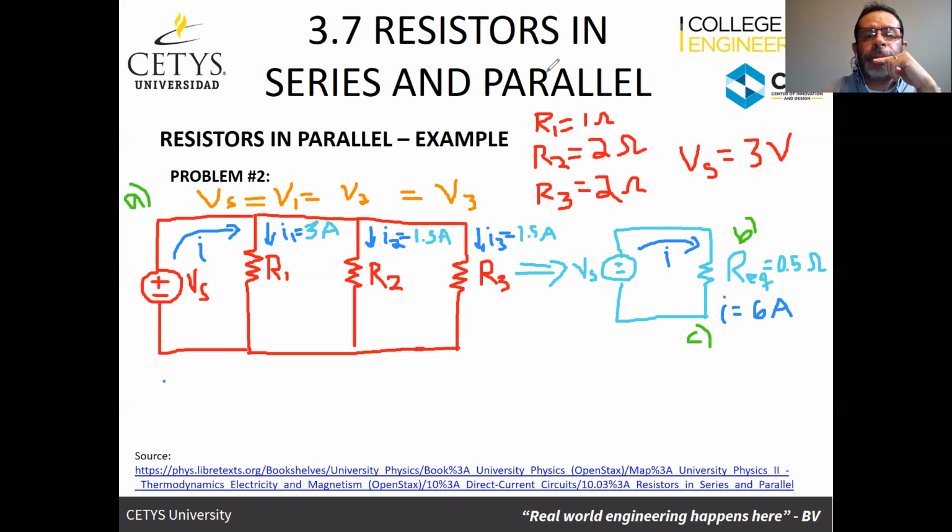And so what we've got here now is that we have a power from the power supply, a total power that's being provided. We've got a power from resistor 1, a power from resistor 2, and a power from resistor 3.